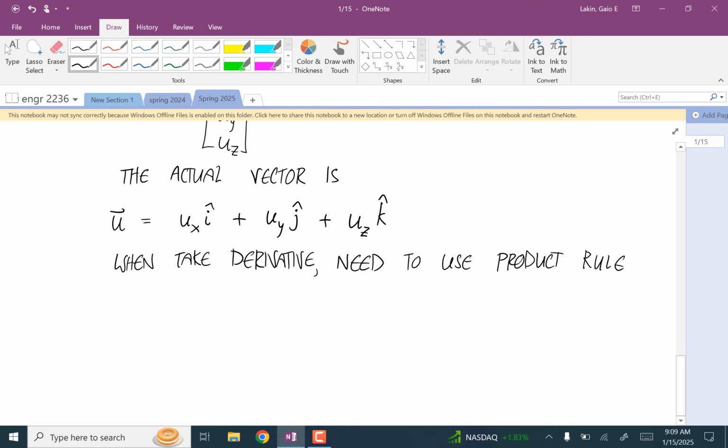I'm going to take all time derivatives of this vector u. The product rule says you take the time derivative of this ux and multiply it by i, plus ux times the time derivative of i. Are you with me on that?